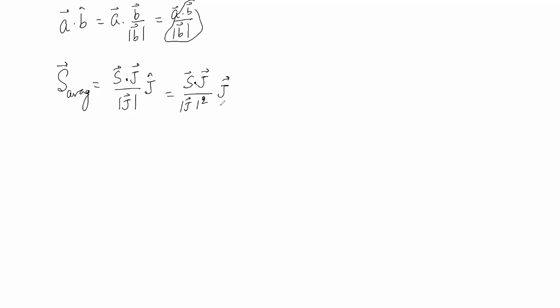The expectation value of J is well known, that is Mj in units of h cross. Now we are supposed to obtain the expectation value of S dot J.